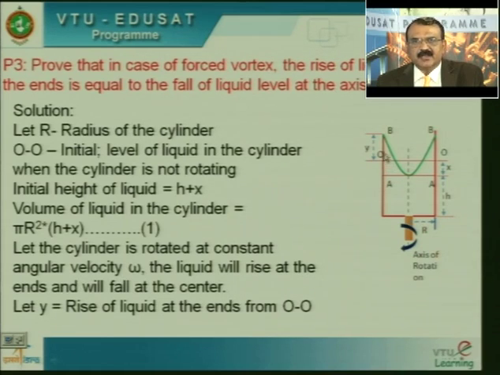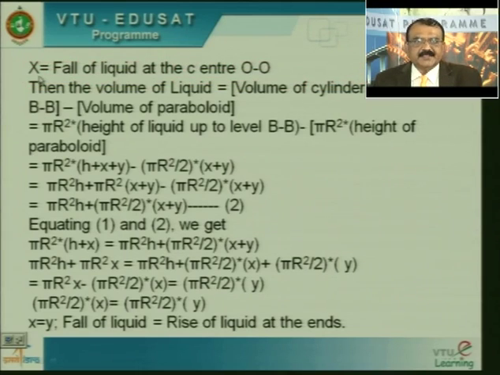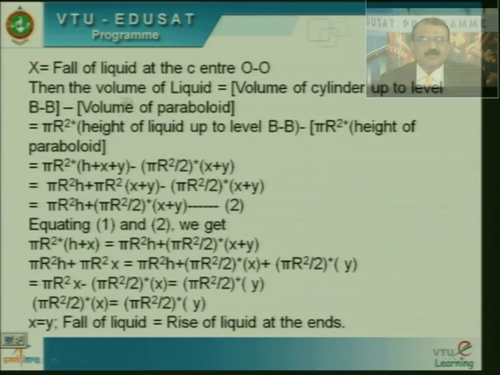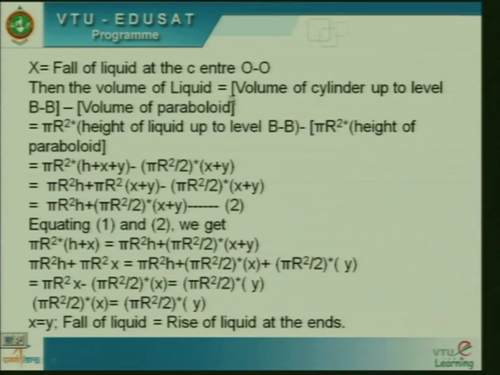At the end the liquid will rise from O to B, and at the center it falls from O to A. Let Y be the rise in fluid at the ends, and X the fall of fluid at the center, from OO. Then the volume of liquid is equal to the volume of the cylinder up to level BB minus the volume of the paraboloid.